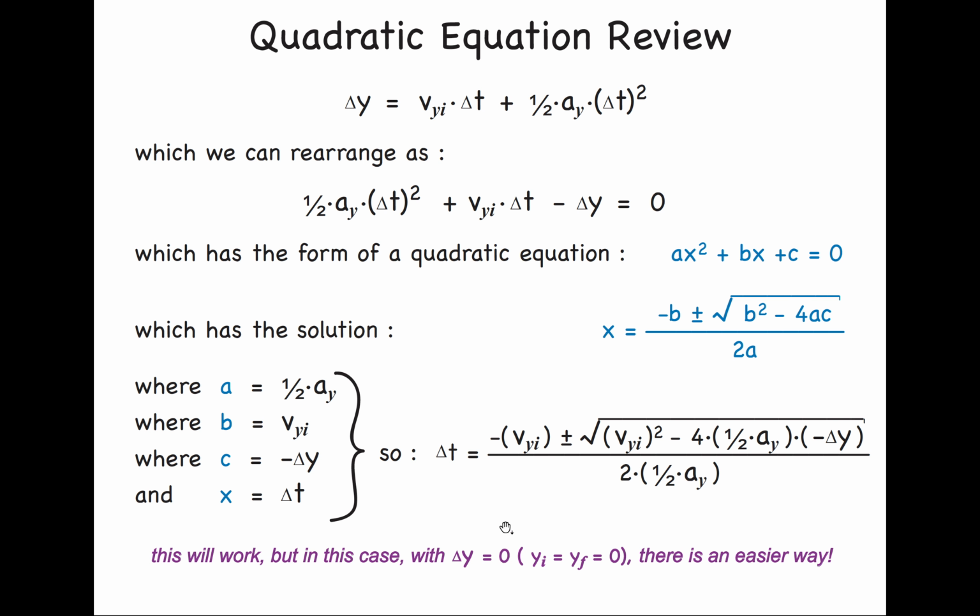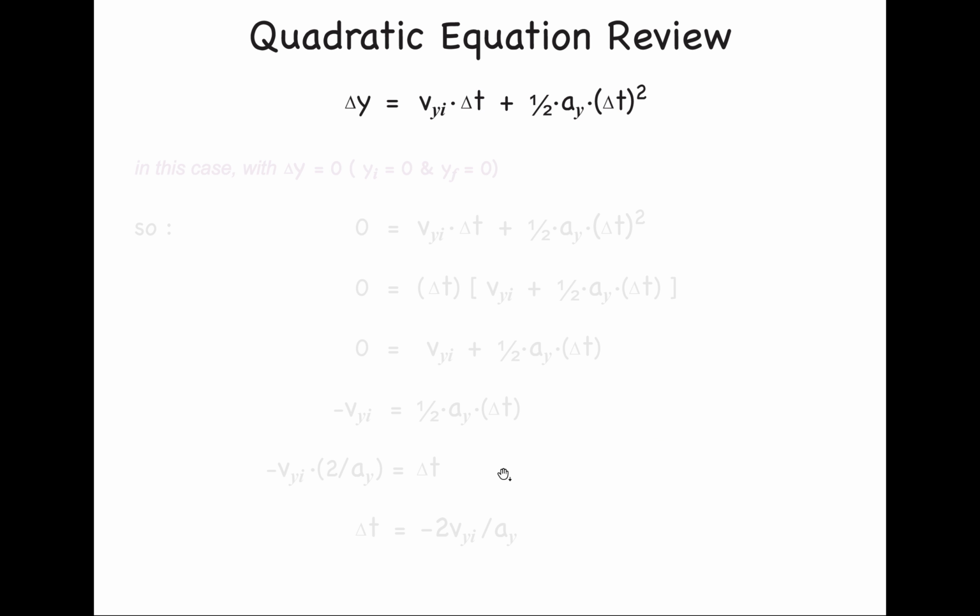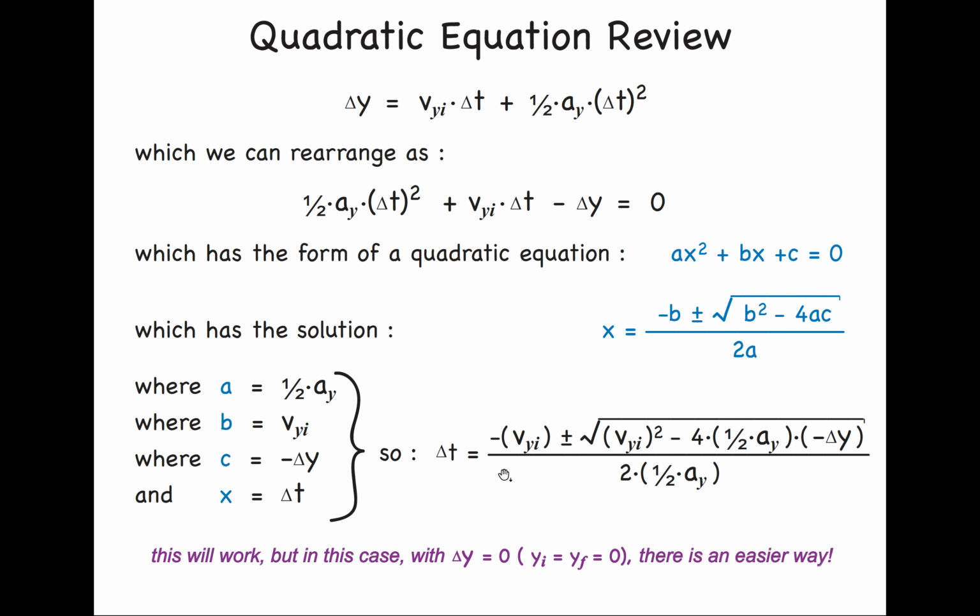Because delta y is equal to 0, right, then yi is equal to y final is equal to 0. Initial and final positions are the same. This wouldn't work if we shot from the top of a hill onto a plane, or if we were asking about the position of the ball or the time of flight when it clears a fence, so that its height is not the starting height.